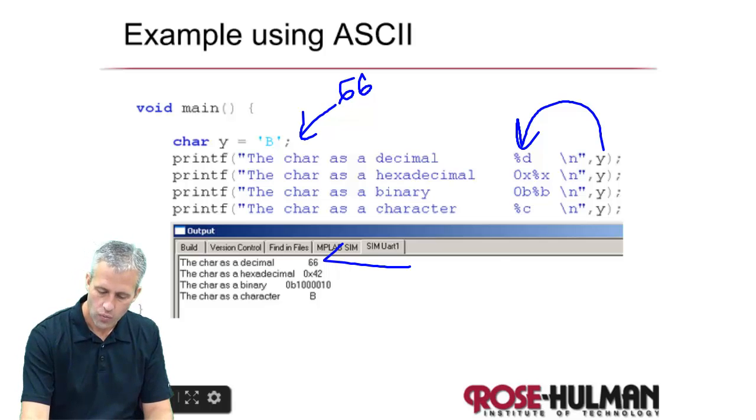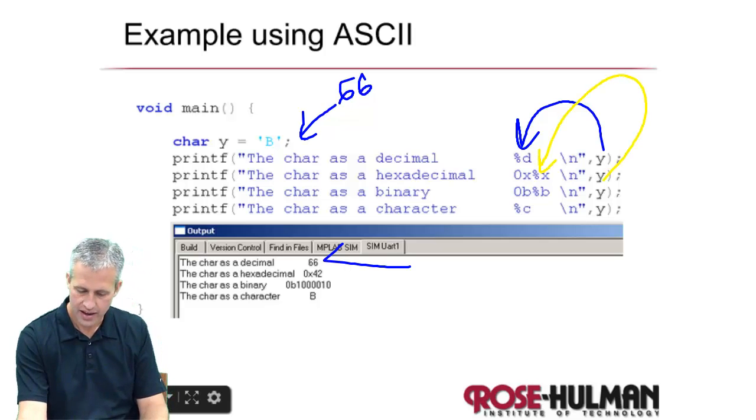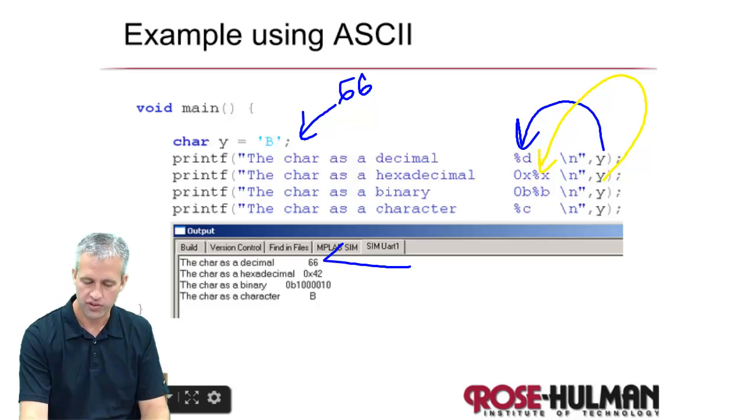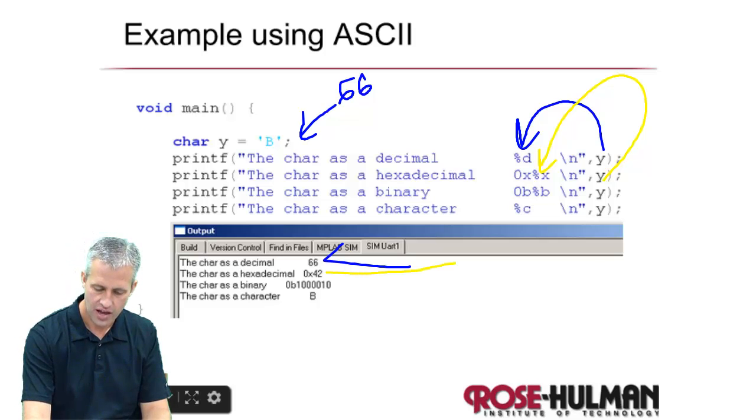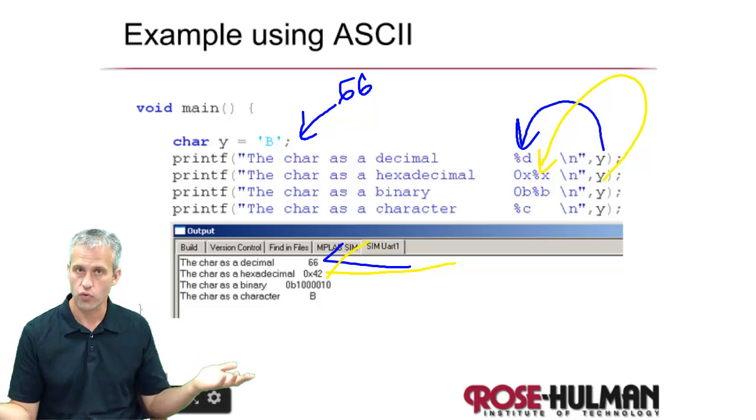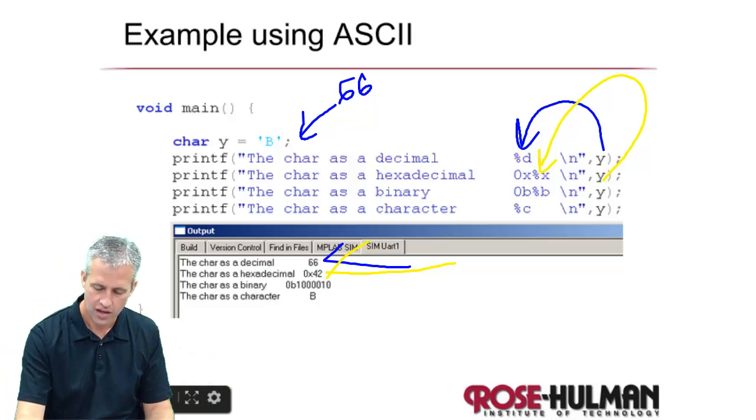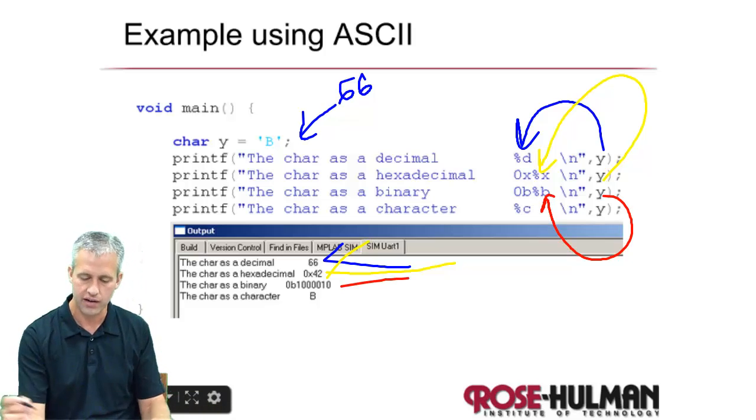If you wanted to print y, this is interesting, instead of saying %d, you say %x, and I put a 0x in front of it here just so you can see it. You can see that you could actually print it as 42, and that these are the same thing. You could keep going. If you wanted to print it in binary, it's %b, so it gets printed in binary, kind of ugly.